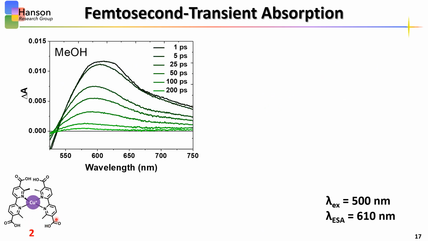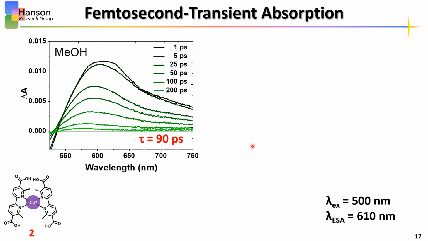And for molecule 2, where both ends can bind to the surface, we can see that when it is in solution, it has the excited state absorption above 550 and the ground state bleach below 550. And when it is bound to the surface, we can also see the excited state absorption feature above 550 and the ground state bleach as well.